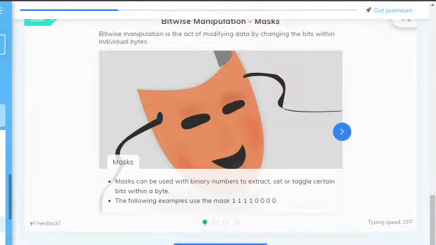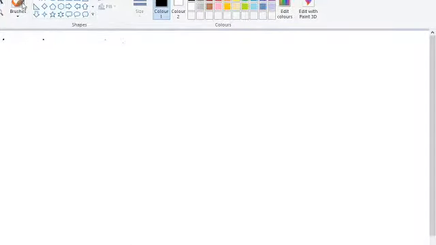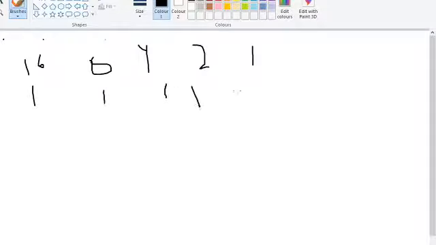Bitwise manipulation: masks. Okay, I actually do know what this is. Say you had the values 1, 2, 4, 8, 16, 32, and the question was asking you to change the 8th value to a 0 without changing anything else.